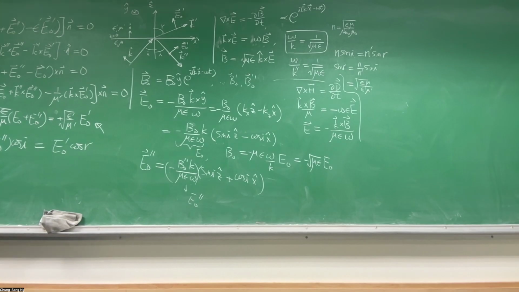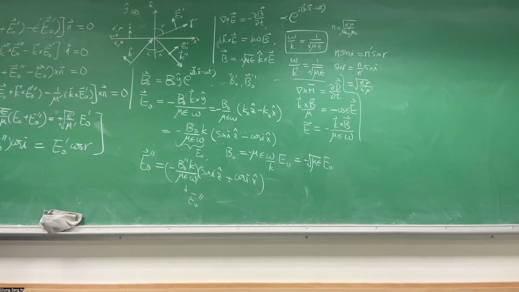The first equation in 7.40 is cosine I E0 minus E0 double prime minus cosine R E0 prime. So you got these two equations in 7.40 from this vector equation. So far so good. So we have 2 equations.